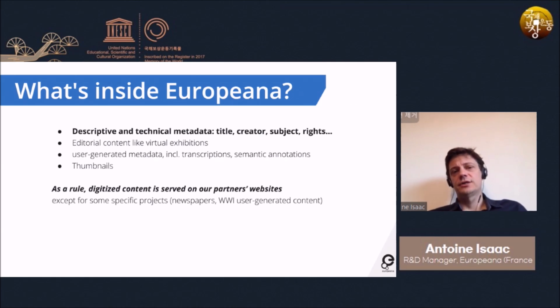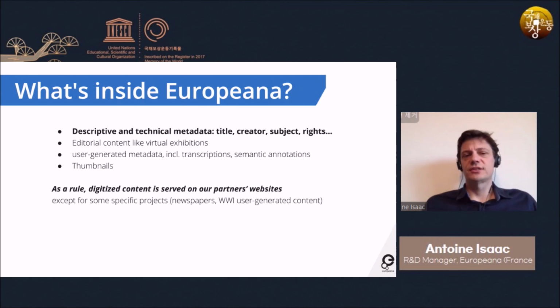Europeana is an initiative that aggregates mostly metadata. We have descriptive and technical information about cultural heritage works: the title, the creator, the subject, the rights. That is really the core of how Europeana can provide access. We also have other kinds of data, like editorial content, things like virtual exhibitions.